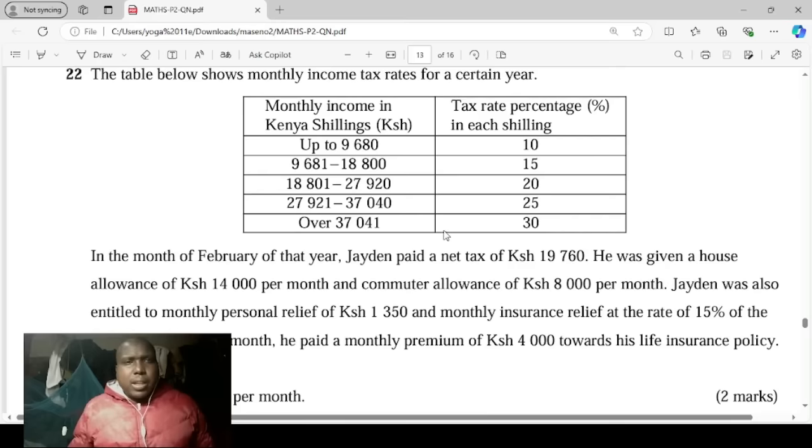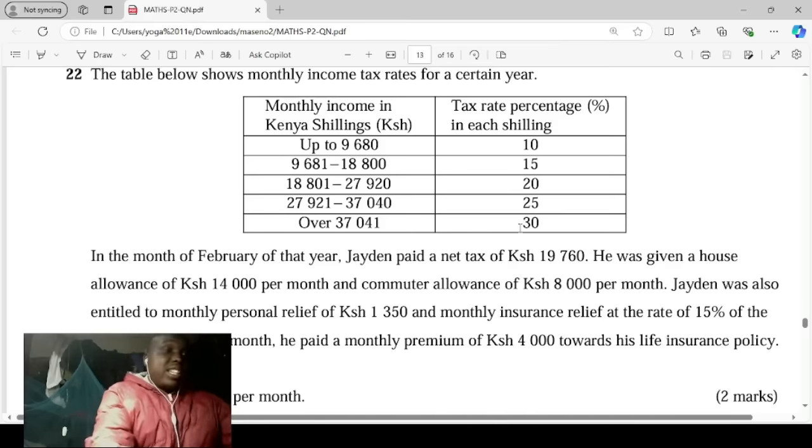The table below shows monthly income tax rates for a certain year. So this is the rate. The first thing you look at is the table. Look at the table.